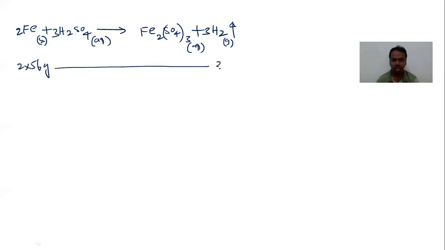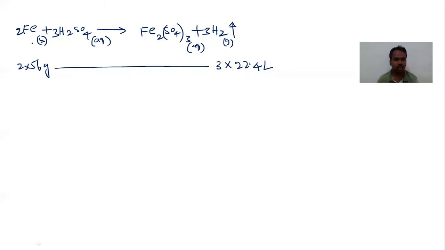The volume of 3 moles at STP is 3 into 22.4 liters. So this many grams of iron react with H2SO4 to produce this many liters of H2 gas at STP. We get this information from the balanced chemical equation, so by using this data, I am going to find the answer.